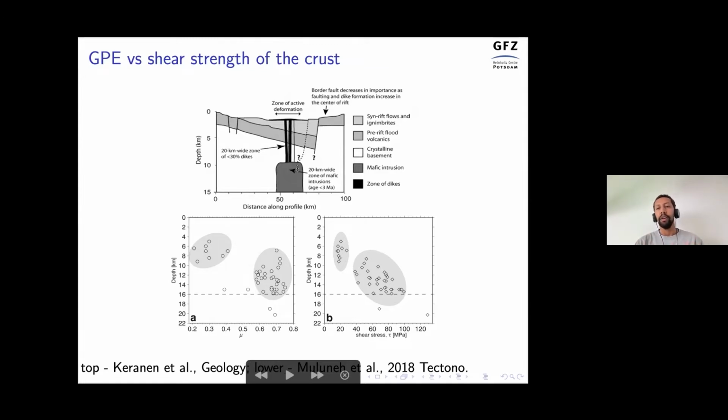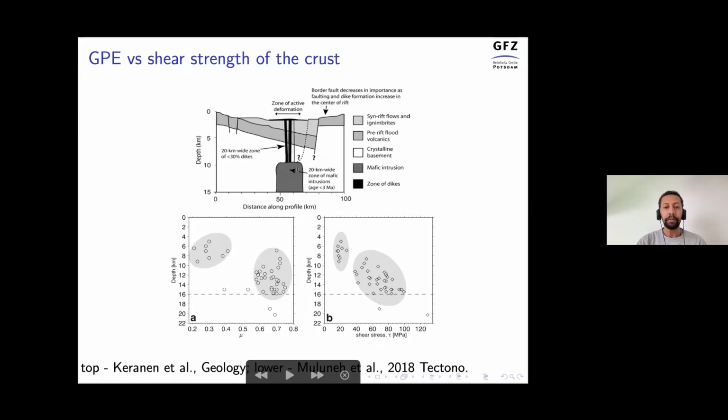And then we have a sharp increase in strength within the crust. So the faults deform with a higher shear stress. So this kind of average gravitational potential energy or average stress in the crust doesn't really explain what we see in the main Ethiopian Rift.